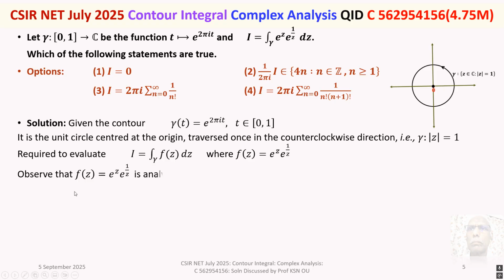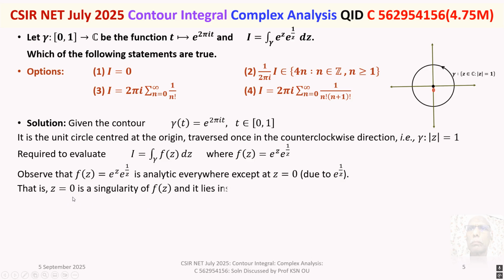We observe that f of z is analytic everywhere except at z equal to 0 because of the presence of e to the power of 1 by z. That means z equal to 0 is a singularity of f of z, and it lies inside the unit circle gamma. It's in fact the center of the unit circle.